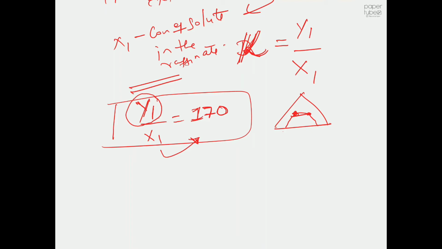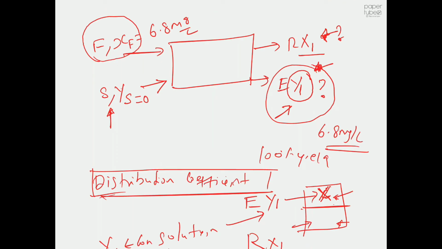And then we have a few more assumptions. What is the assumption? Solvent and carrier liquid are completely immiscible. So what does that mean? You start with a feed solution here, and then you end up with a raffinate and extract.